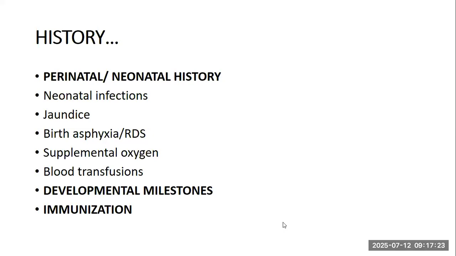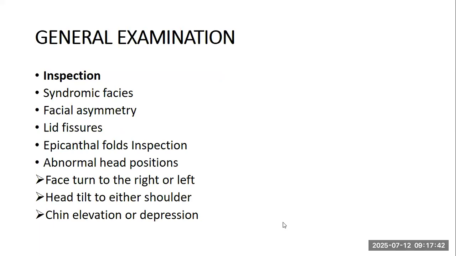The immunization history is also important. We're not just managing the vision or the eye of the child, we also want to know about the general health of the child, because there's no point in having straight eyes when your general health is going down. So you want to know about the general health status of the child.